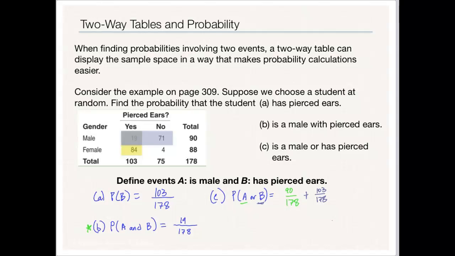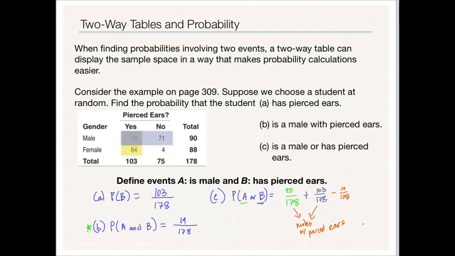The problem is that males with pierced ears got counted in both of those, right? They got counted in both, so they got double counted, essentially. So what we want to do is subtract off that overlap once. So we want to subtract off the probability of males that have pierced ears, which is going to be that 19 out of 178.